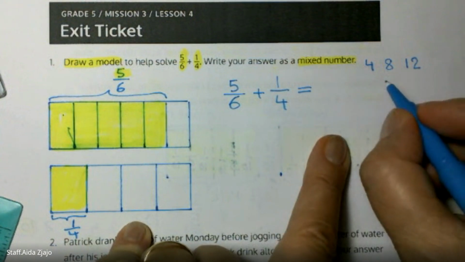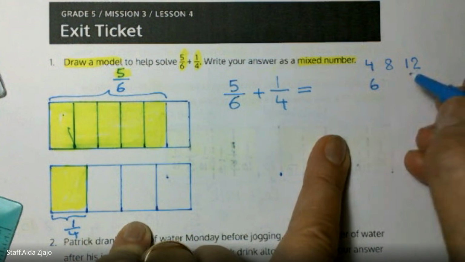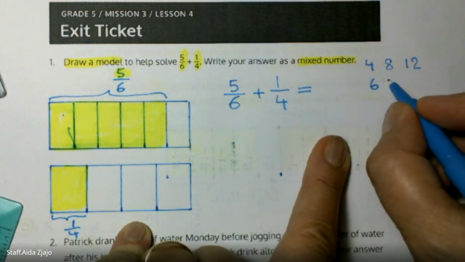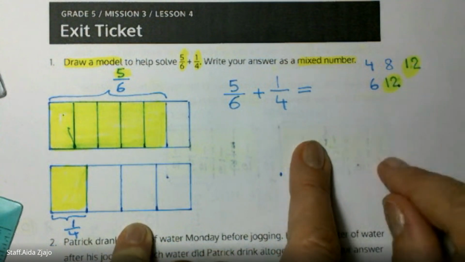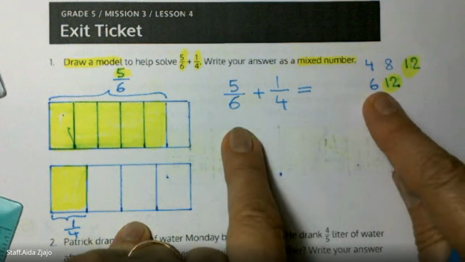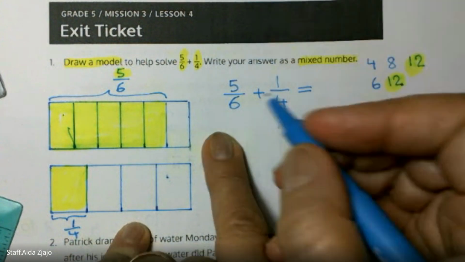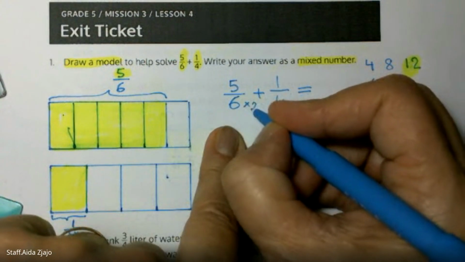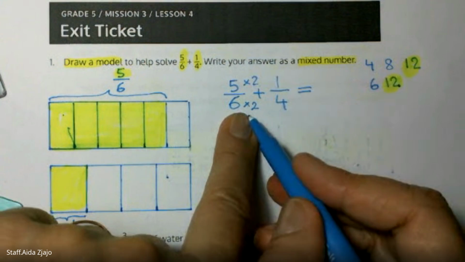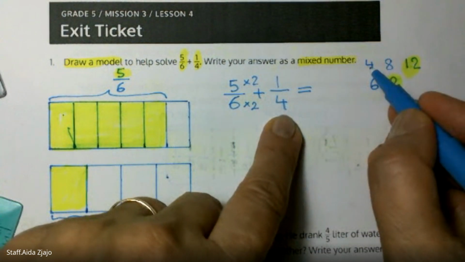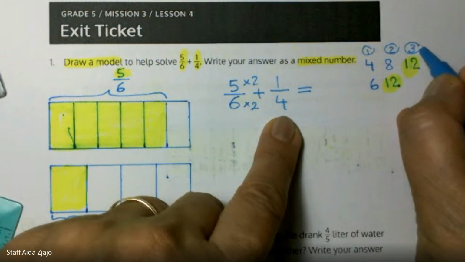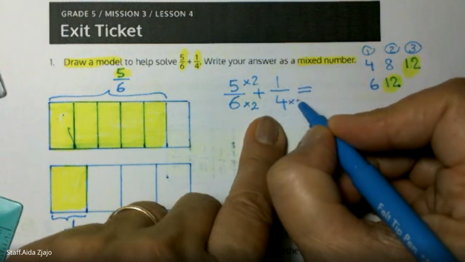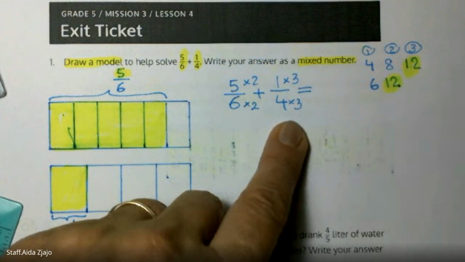Now when I look at 6, I can say 6 is 1 times 6, 2 times 6 is already 12. So the least common denominator they can have is actually 12, because 6 times 2 makes 12, and 4 times 3 makes 12 on the bottom.